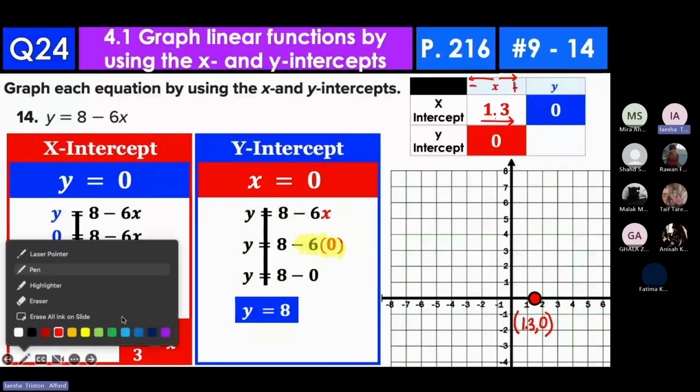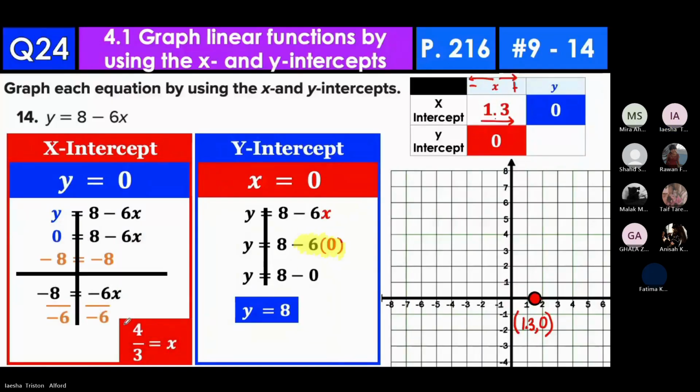Your y-intercept is positive 8. The y-axis goes up and down. If it's positive, we go up. If it's negative, we go down. This is a positive 8, so should be going where?